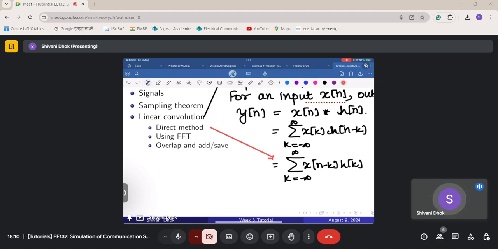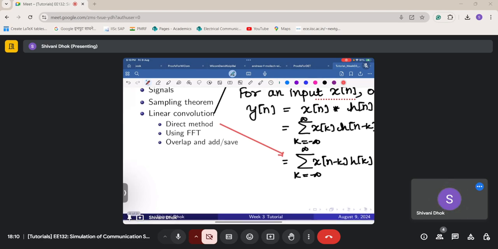Another thing that we looked at was using FFT. This FFT is a frequency domain operation. So it is a faster way of implementing discrete Fourier transform.